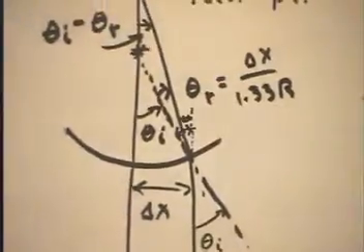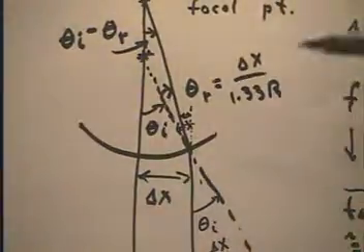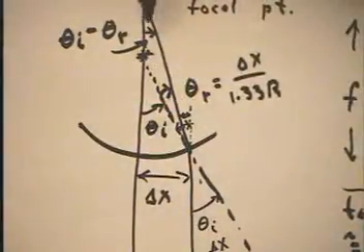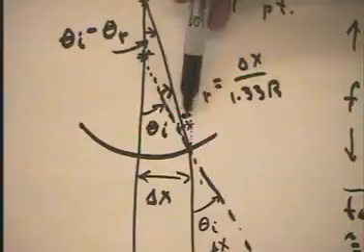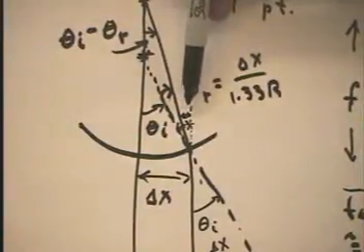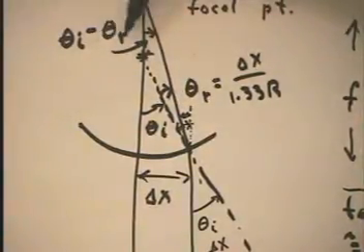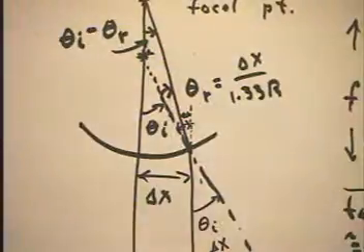If we back up, we can see that this line segment here is parallel to this one, so this angle here has to be equal to this angle. And we just saw that this angle is theta I minus theta r, so this angle is theta I minus theta r.